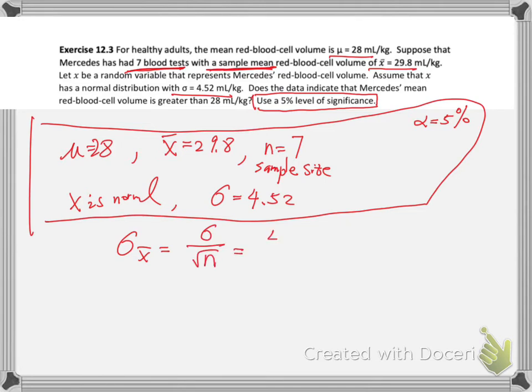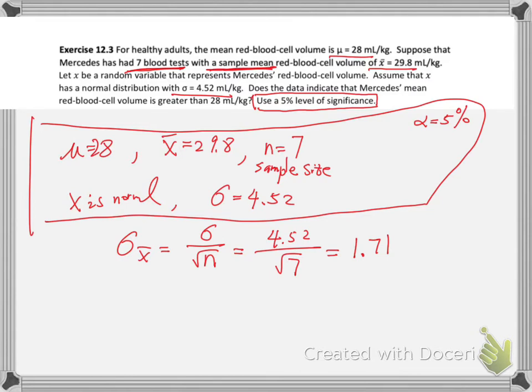Here sigma is 4.52, and n is 7, so this is radical 7. So the new sigma is about 1.71.